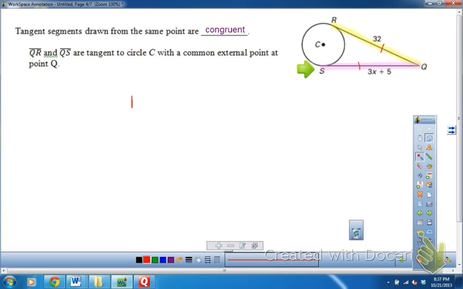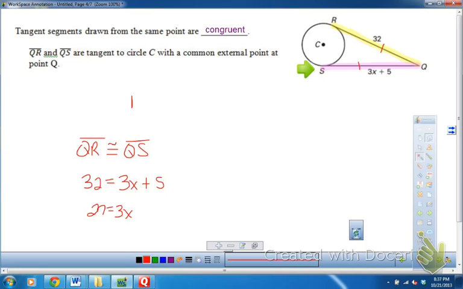If you have QR is congruent to QS, then you know that 32 would be equal to 3x plus 5. Subtract 5, you get 27 equals 3x. Divide by 3, and x is 9. And then if you needed to find the actual measure of that tangent line, you would go back and plug the 9 in to find QS and QR.